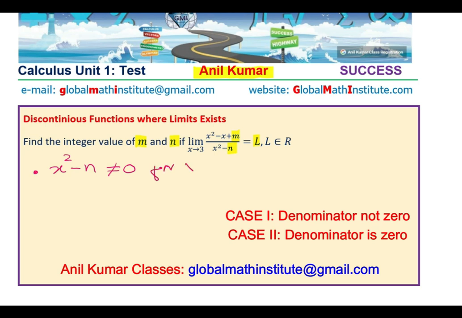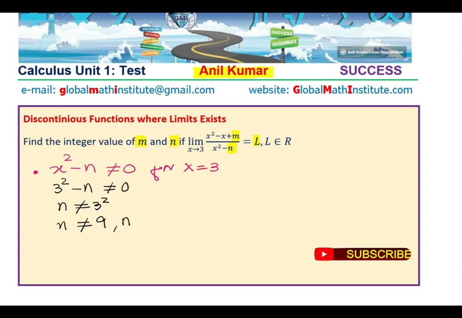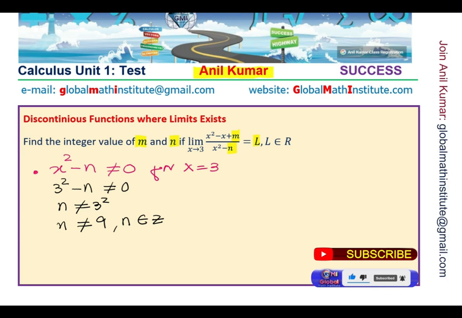For x equals 3, if I substitute 3 here, what do I get? I get 3 squared minus n is not equal to 0. That means n is not equal to 3 squared, so n is not equal to 9. N could be any other integer value, anything else, but not 9.